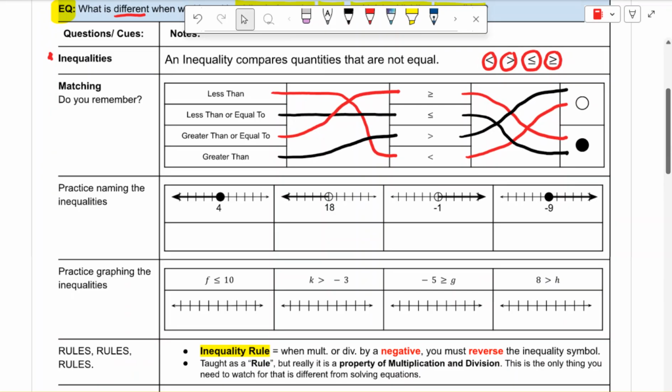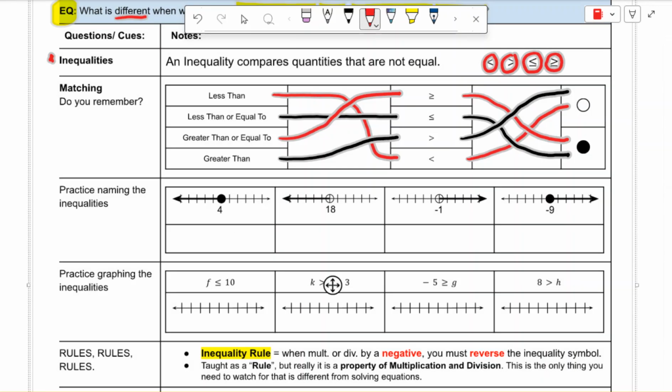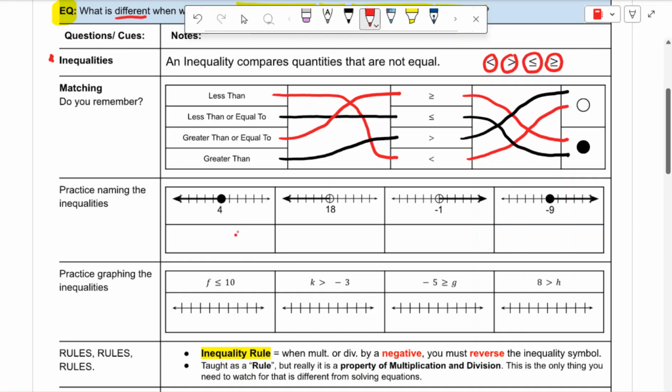Here's some more reminders, some practices that you've already learned how to do. Practice naming the inequalities. So we're talking about the number 4 here. So we write down a 4, and then we need a variable. We'll just use x for this one.